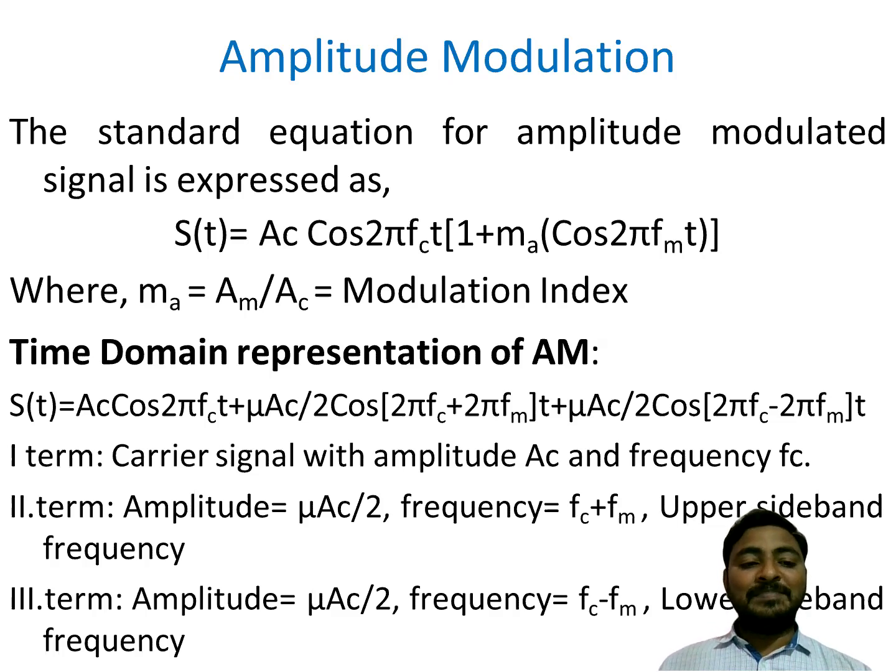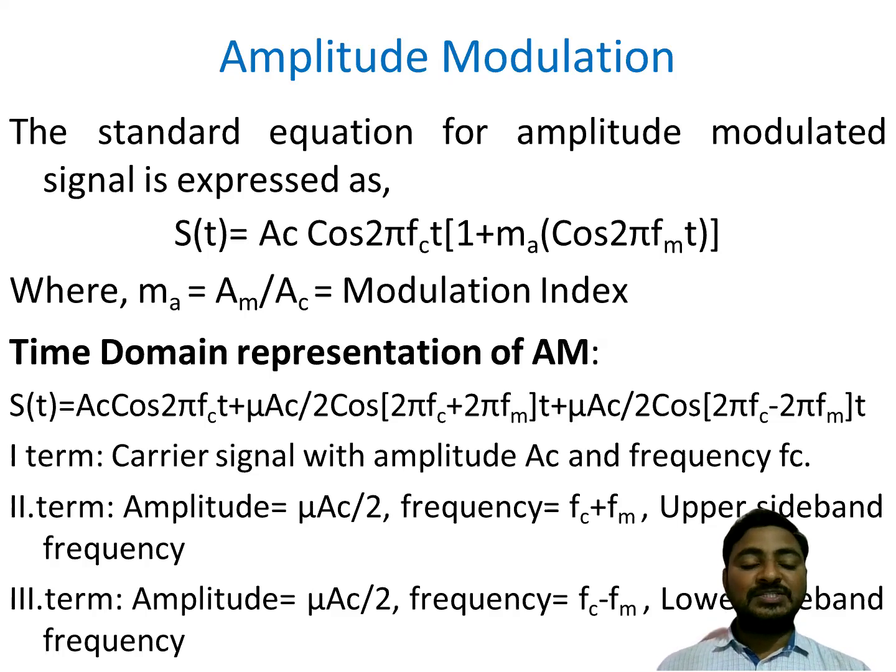The amplitude modulated signal s(t) is equal to Ac cos 2πfct plus μAc/2 cos 2π(fc+fm)t plus μAc/2 cos 2π(fc−fm)t.